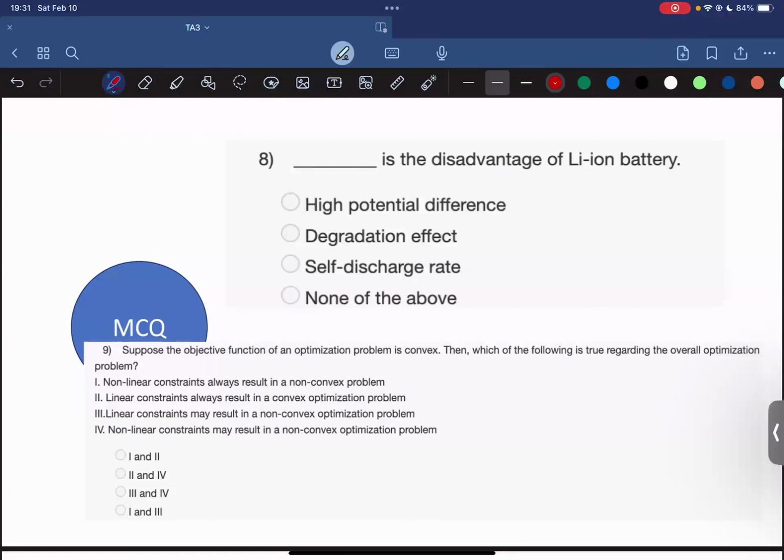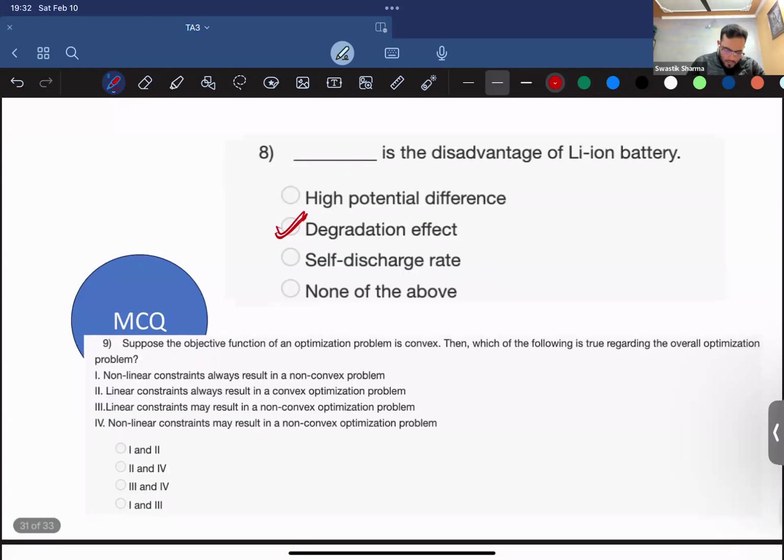I think, sir, degradation effect. Yeah, degradation effect is the disadvantage. High potential difference in self discharge rate is not a disadvantage of the lithium ion battery.